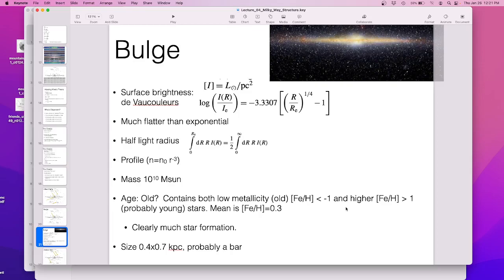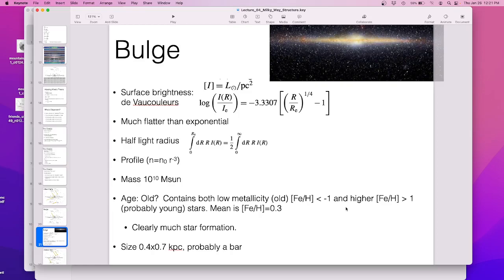This blows up at 0, so we've got to do something at 0. But 1 over r squared is the basic process. If I take a virialized sphere like that, make it emit light, and project it onto a surface, and look at the brightness profile, then I get the de Vaucouleurs curve. The upshot is de Vaucouleurs means virialized sphere.